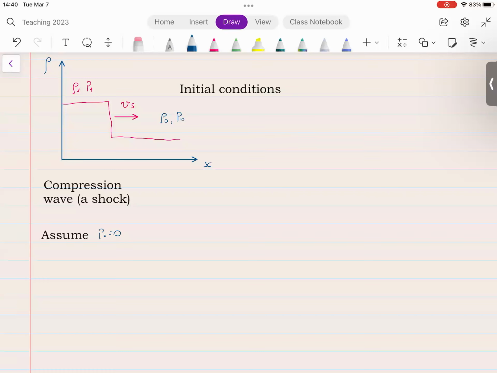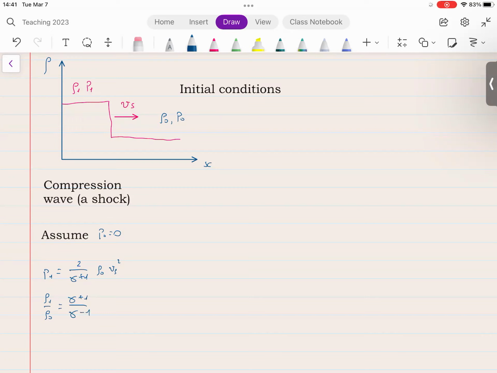Let's neglect the pressure before the shock arrives. Then you obtain that P1 is going to be equal to 2 over gamma plus 1 rho naught V sub S squared. And rho 1 over rho naught is going to be equal to gamma plus 1 over gamma minus 1.